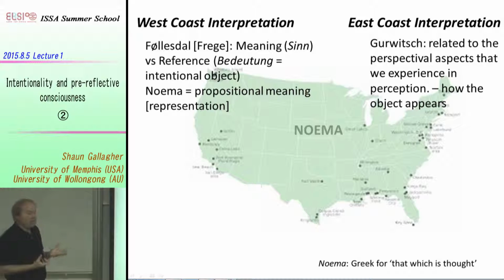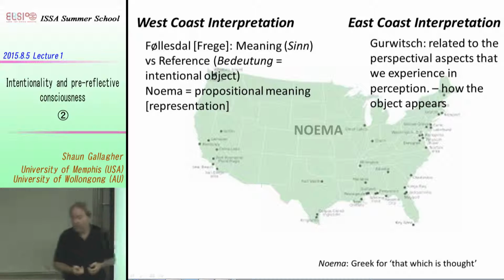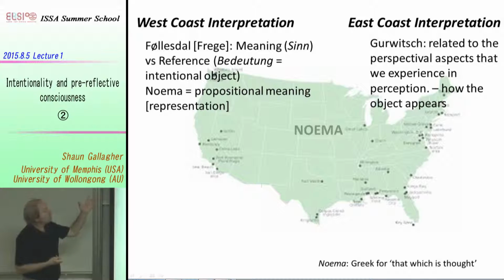And this also is reflected in some of what Husserl says. Husserl refers to the noema as the meaning of the thing perceived. And the way that Føllesdal and the West Coast interpretation goes, it sort of amounts to the notion of a representation.